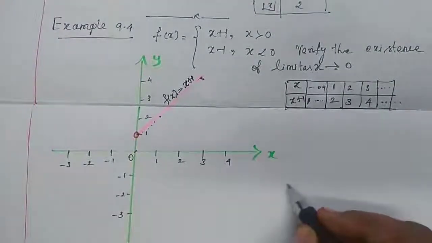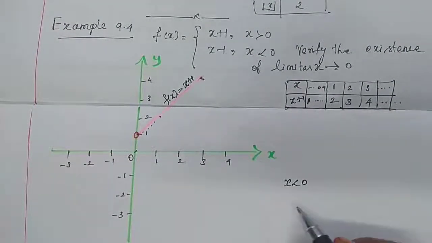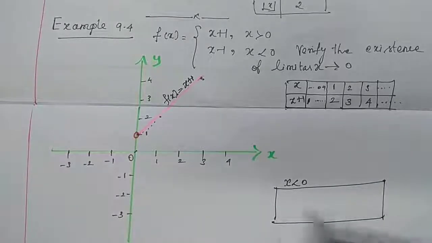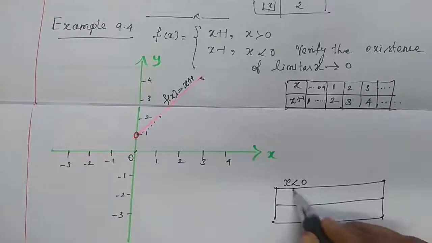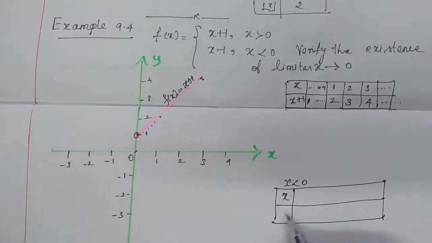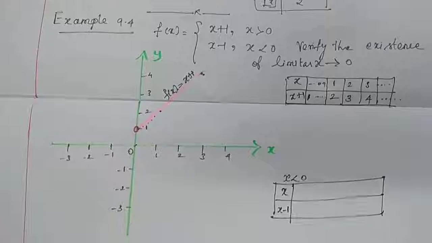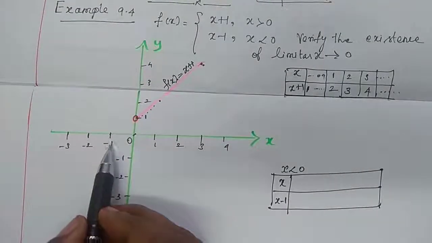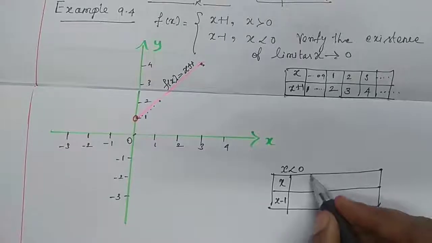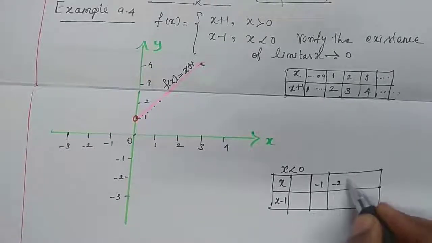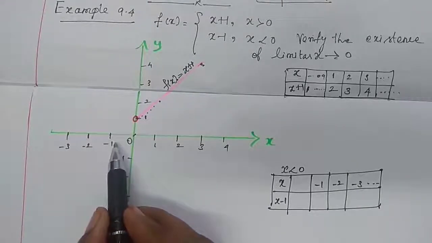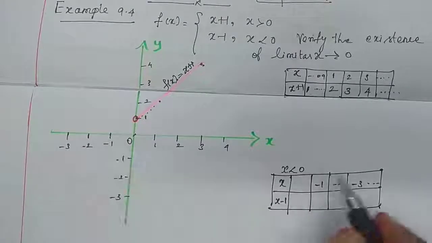And for the values x less than 0, put one more table. x less than 0, our f of x is x minus 1. For minus 1, minus 2, minus 3 and going on, and in front of minus 1, minus 0.9, minus 0.8 are also there.